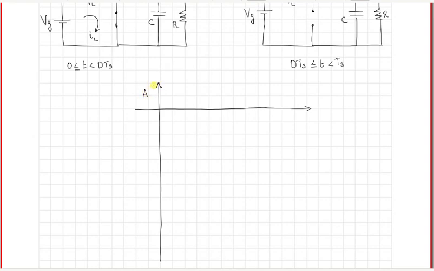This is the waveform for the switch A, which would be on for a certain duration and off for a certain duration, and that's the way it goes. Now switch B is operated in a complementary fashion, so you have the control waveform for switch B going like that.